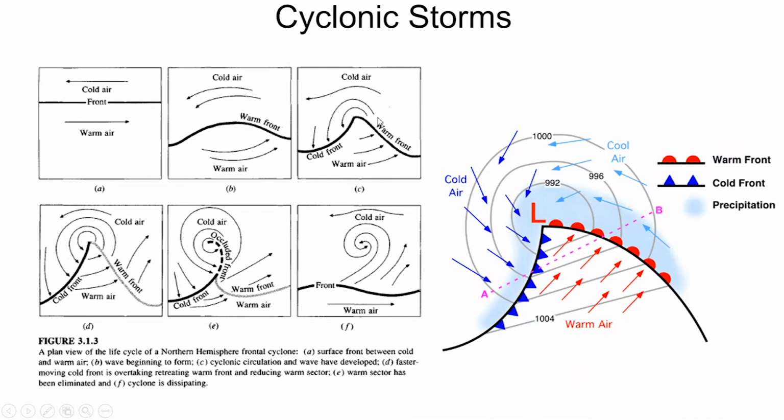So the air is blowing from the poles, so that is coming with higher velocity. Therefore, this cold front is sharper than this warm front.